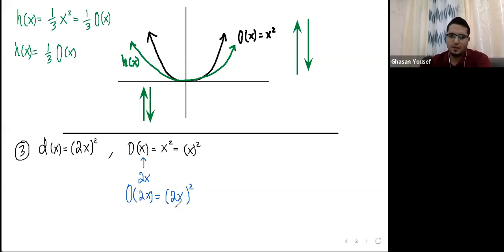Now look, this is the same as this, and this equals d of x. So this is equal d of x. Now I can rewrite these things as d of x equal O of 2x.